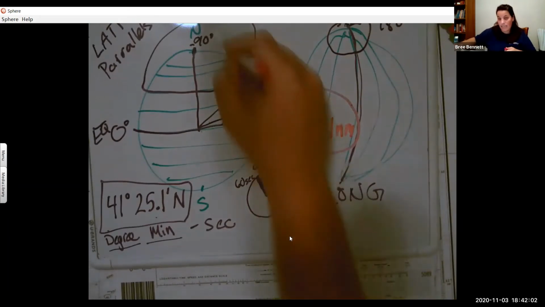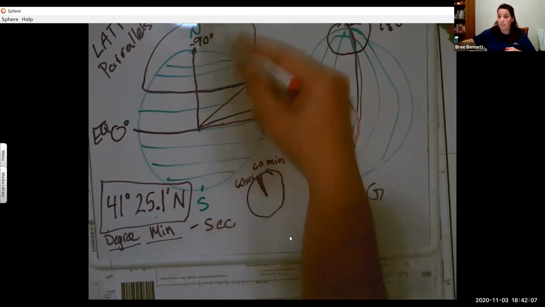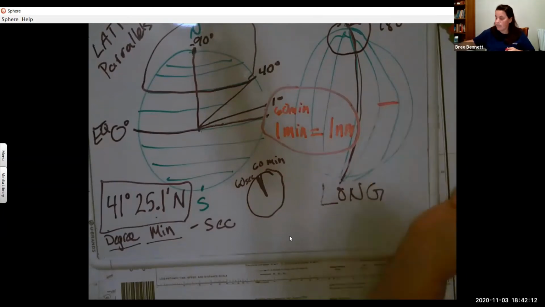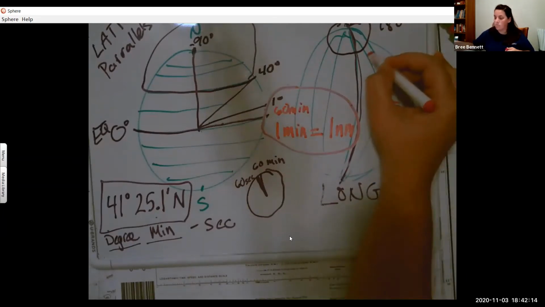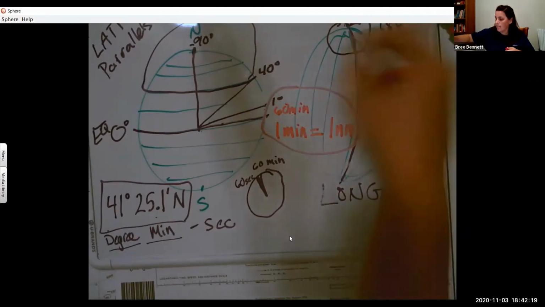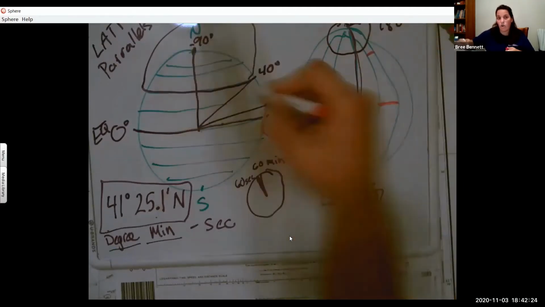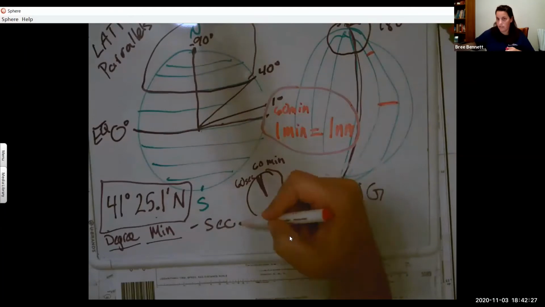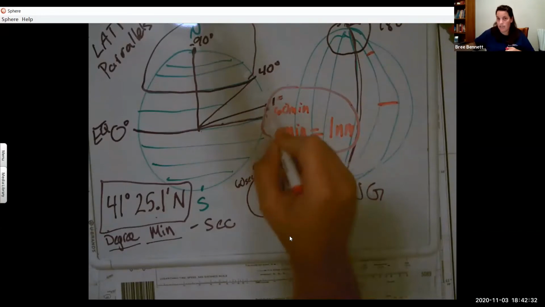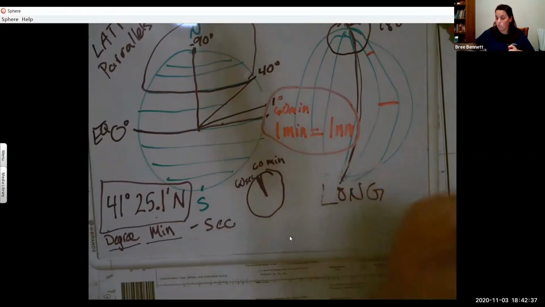And our degrees of latitude are the same distance because these are all parallel to one another, whereas the distance between 1 degree of longitude here is going to be a lot different than the distance between 1 degree of longitude up there. So our longitude doesn't give us a distance scale, where our latitude lines are all parallel to one another. So that 1 degree of latitude has 60 minutes in it, and 1 minute is equal to 1 nautical mile.